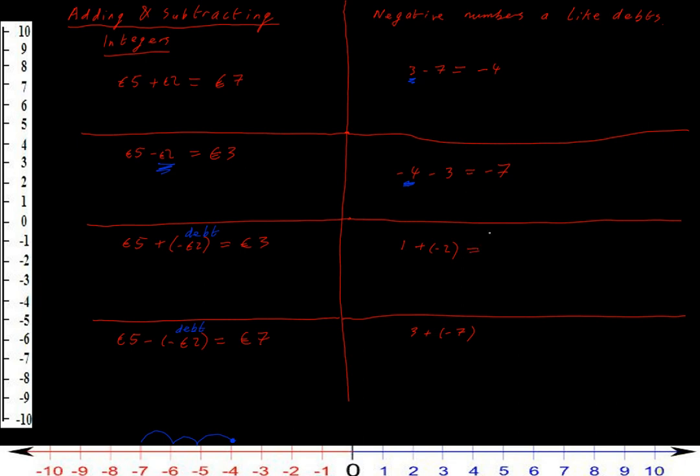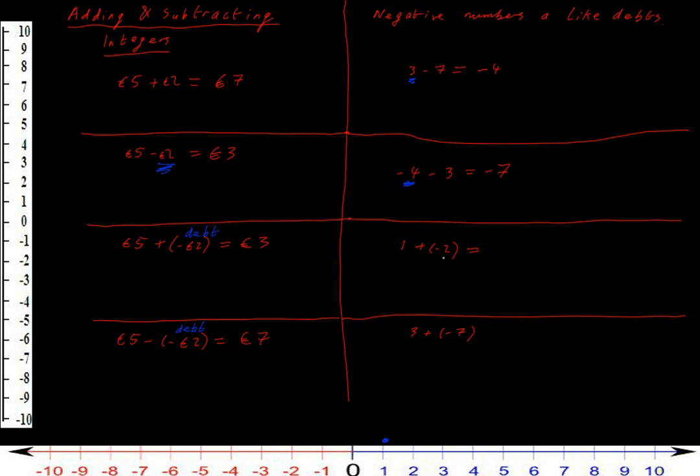Now, next idea. We're going to start at positive 1. There's no sign in front of us here, so we have a positive 1 is where we're going to start. And what are we doing? Well, we have to be careful here. We are adding on minus 2. So our debt idea now can help us. We are going to take on this debt of 2.